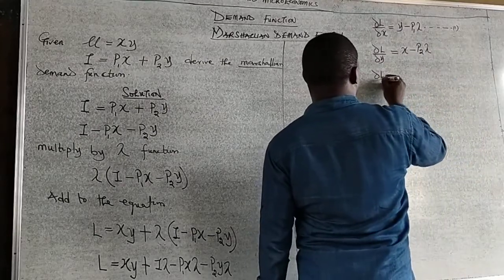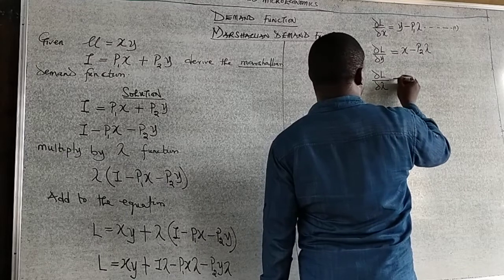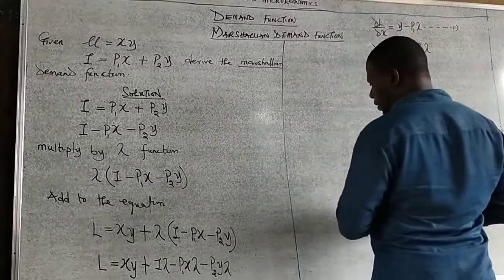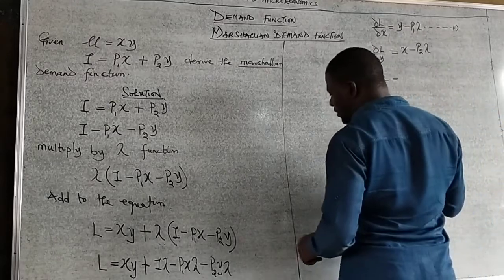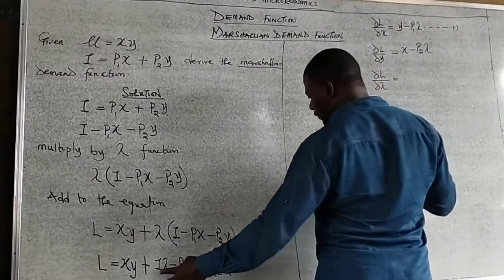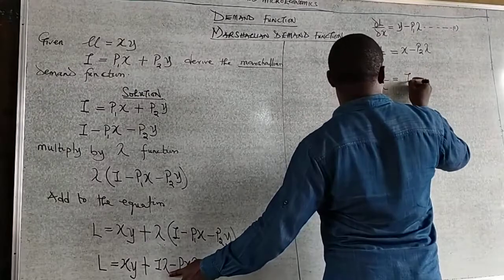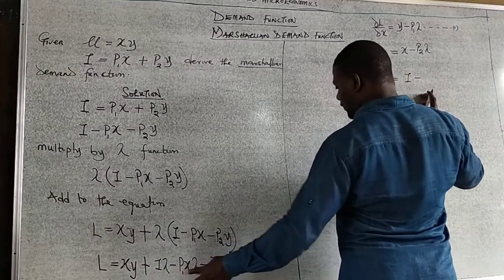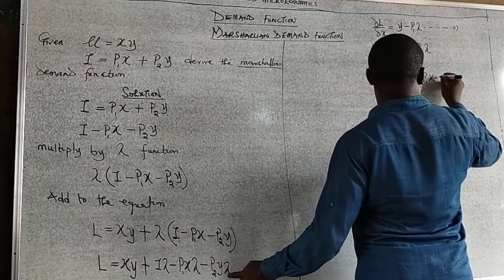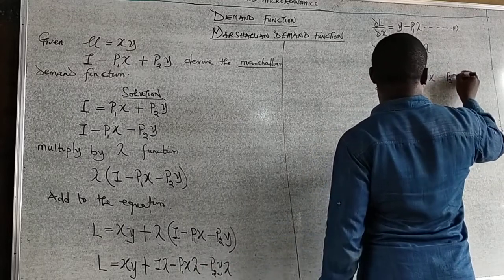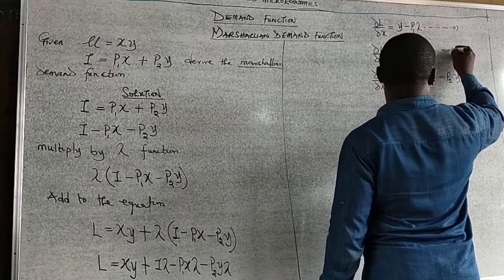Then dL/dlambda means anywhere you see lambda is where you differentiate. If you differentiate this, what will it give you? I. Minus differentiate, what will it give you? P1x. Differentiate this one, what will it give you? P2y. Do you get?